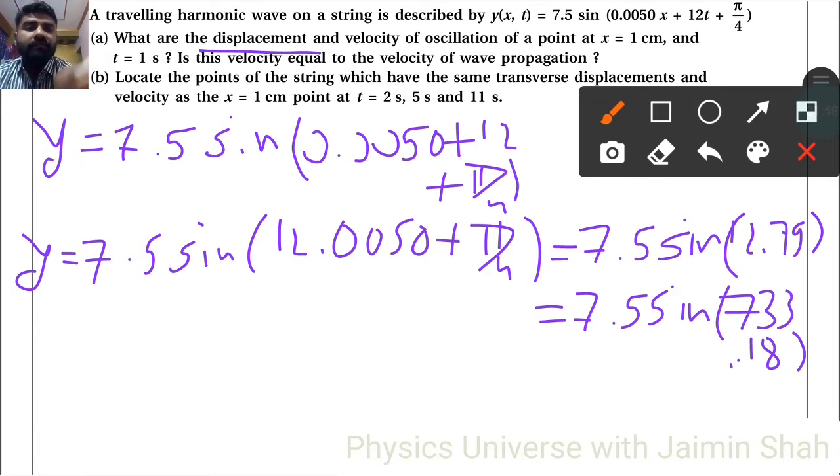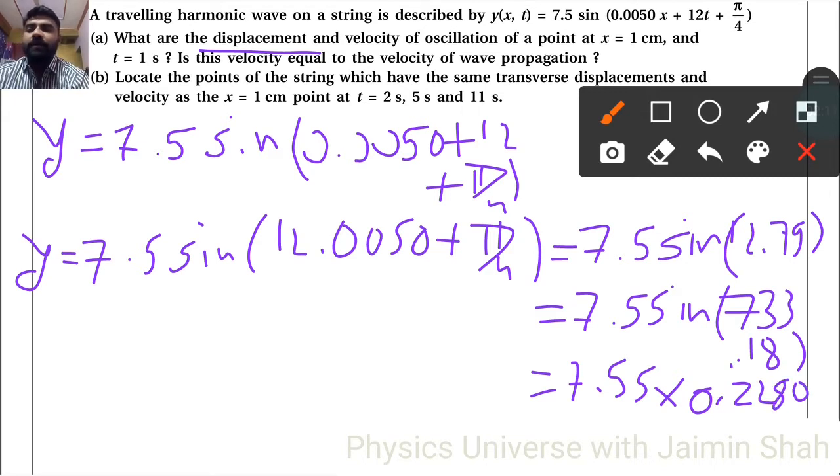So y = 7.5 into sine of 733.18. Now sine 733.18 is 0.2280, into 7.5, so that is 1.7214. So this is our y, in centimeter.